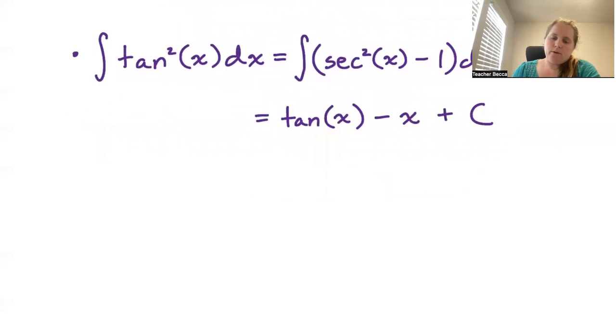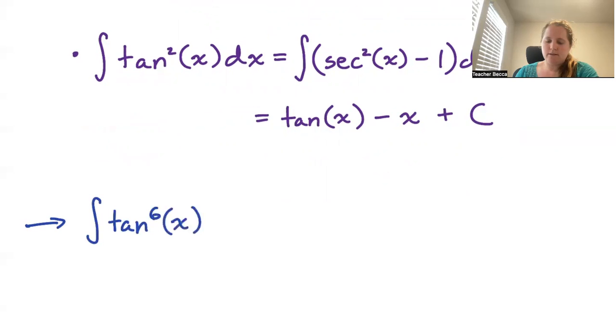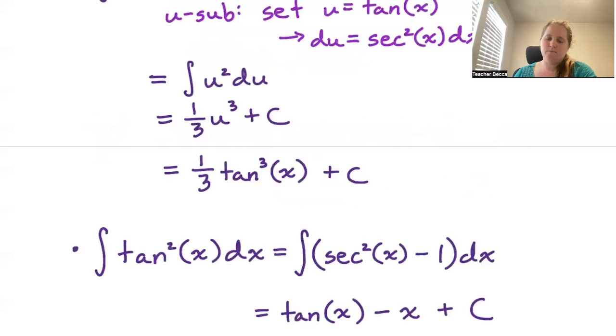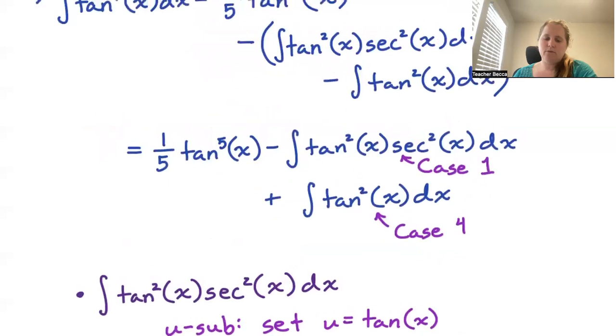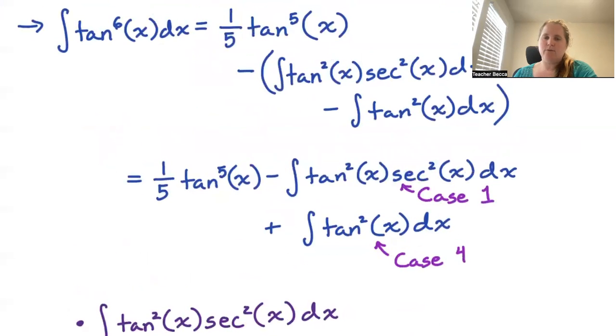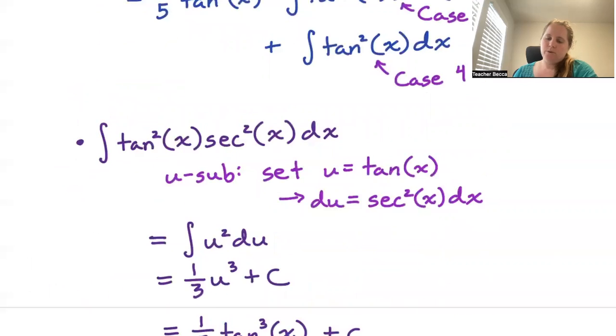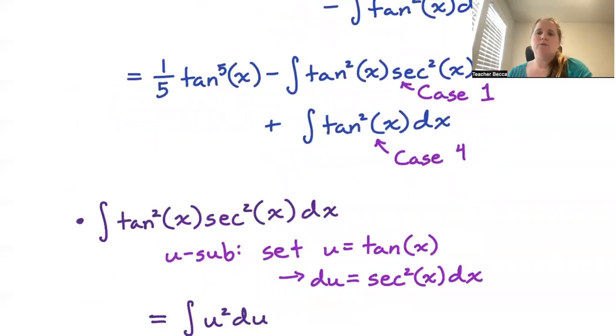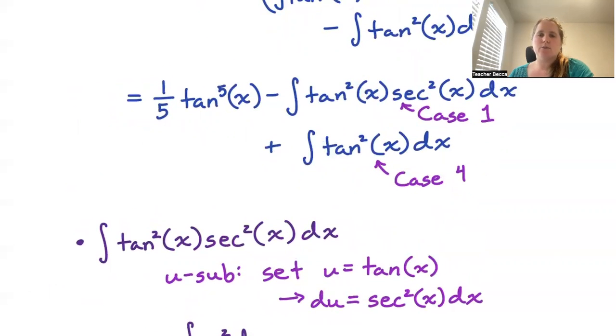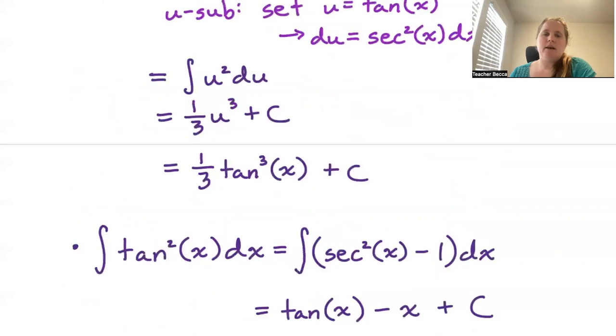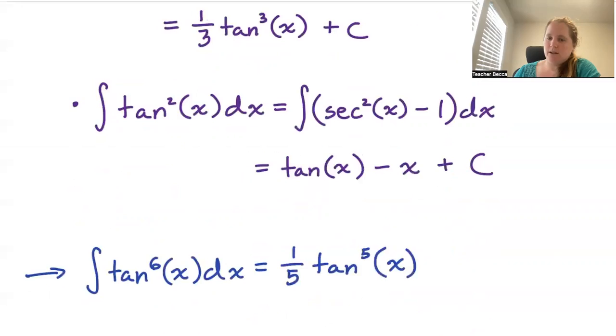So going back to our original integral, we have that the integral of tangent to the 6th of x dx is equal to, we had 1/5 times tangent to the 5th of x. From that, we were supposed to subtract off the integral of tangent squared x, secant squared x dx, which was just 1/3 tangent cubed x.